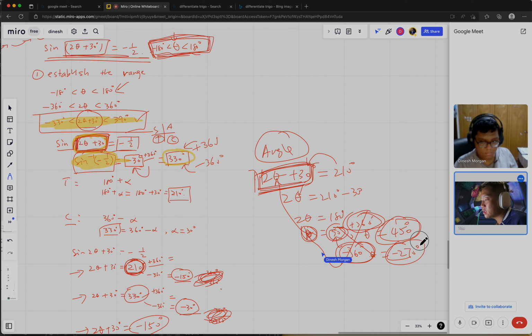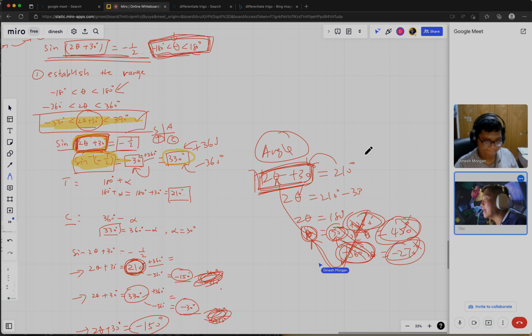This is 450, this is negative 270. I'm not saying this is out of range, therefore it's not the answer. I'm saying that this approach of adding 360 to 90 and minus 360 itself is wrong. You add the 360 and minus 360 to the component of the angle, and that is wrong.